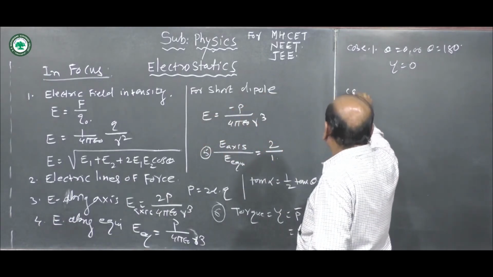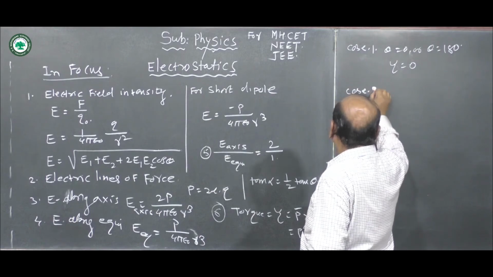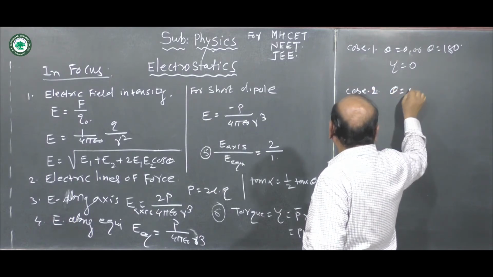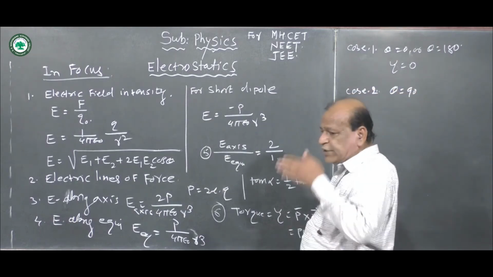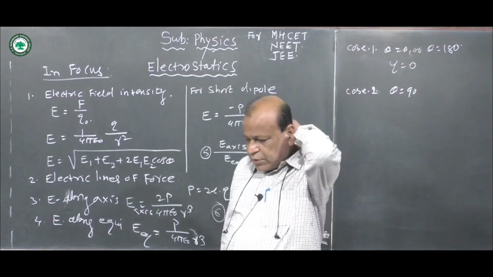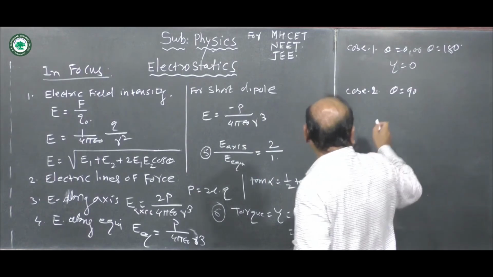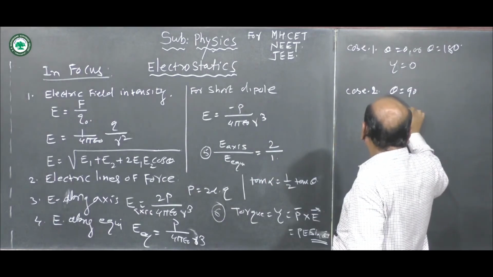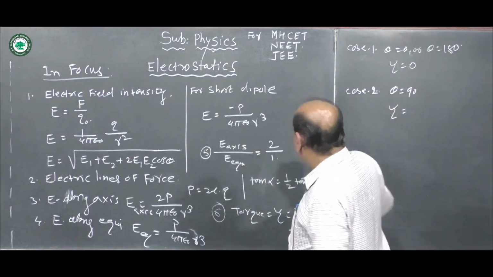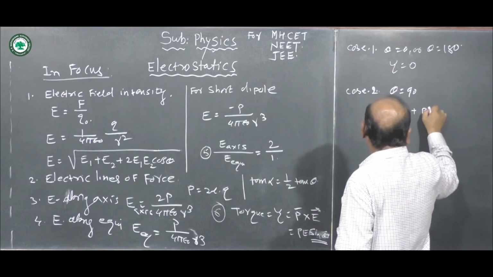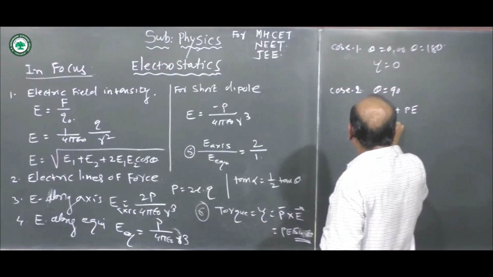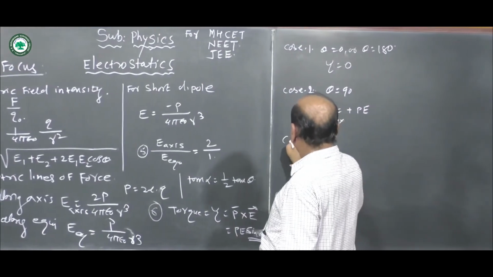For case 2, theta is equal to 90 degrees, the value of torque is equal to plus PE. This is the maximum value of torque.